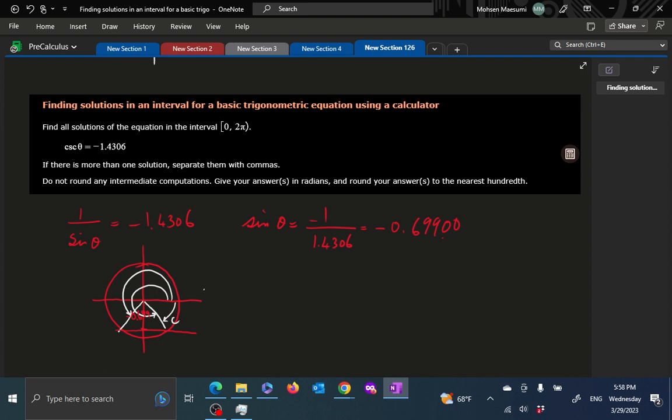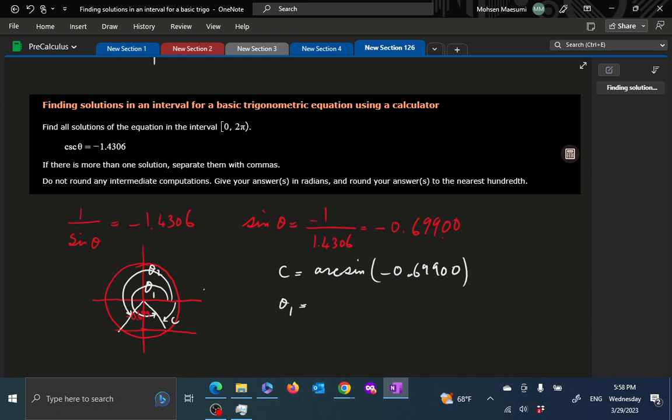So maybe this is a good notation. The calculator angle is arc sine of the number that you have. Let's call it c, and then angle 1 and angle 2.